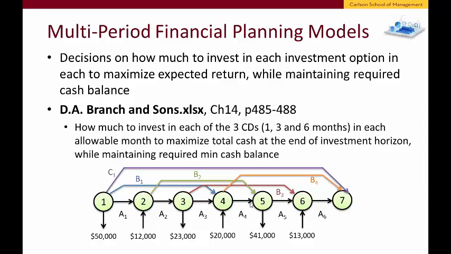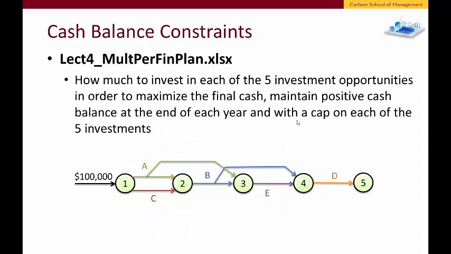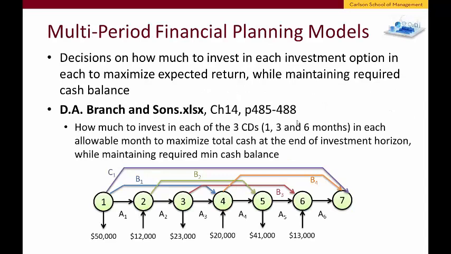Please check out the details of this example in Chapter 14. It is a good one, especially if you're a finance major. Pages again 485 through 488, only 3 pages. Our own model, representing the last hands-on example in this series of videos, is very similar to the one just discussed with DA Branch and Sons.